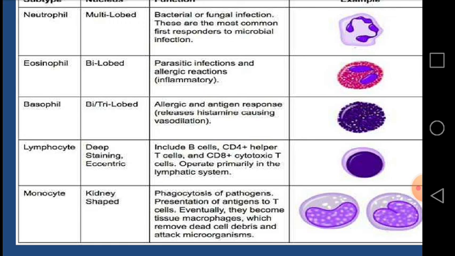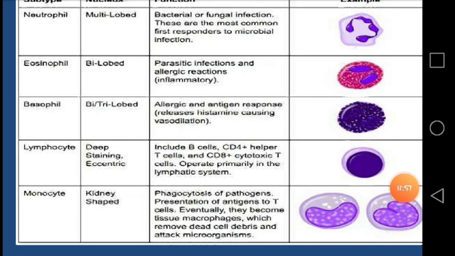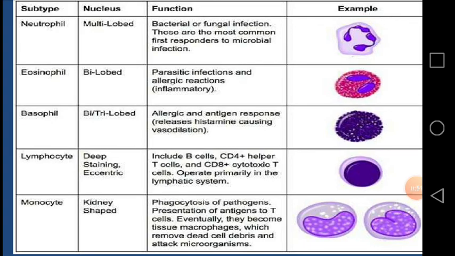Eventually they become tissue macrophages, which remove dead cells, debris, and attack microorganisms. Here you can observe the shapes of the white blood cells along with the shape of their nuclei, and you can focus on the functions performed by these white blood cells.